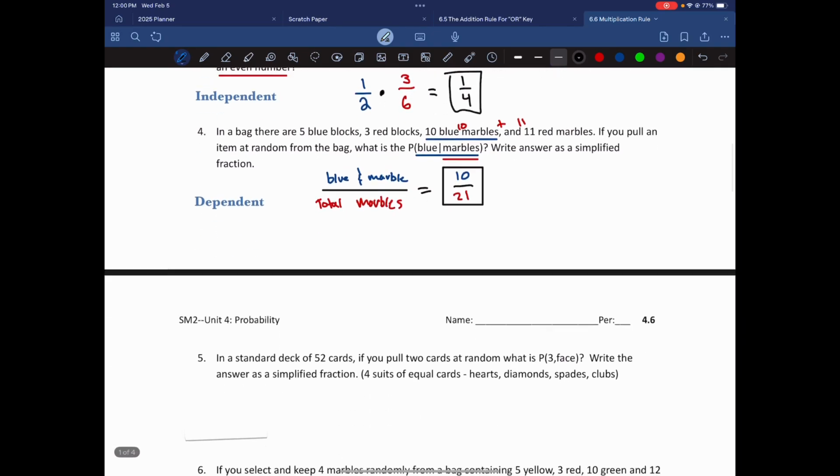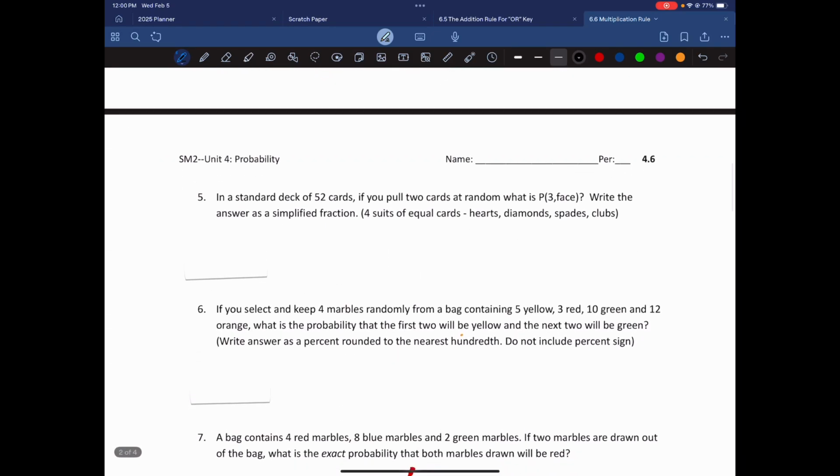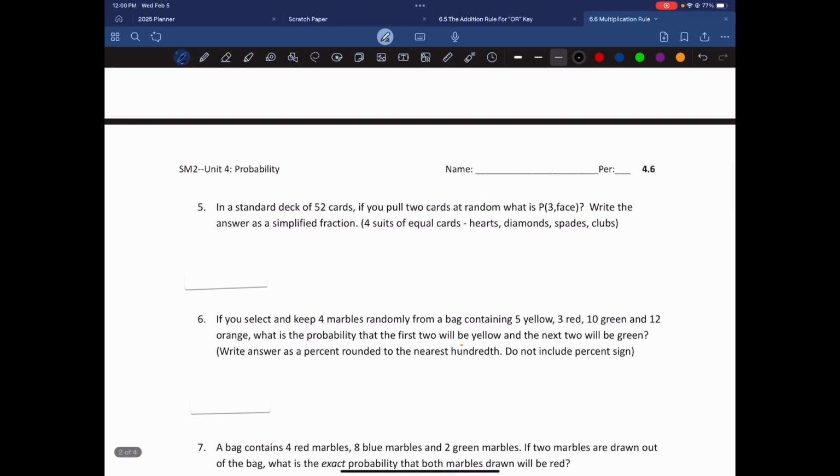Looking at example 5, in a standard deck of 52 cards, if you pull 2 cards at random, what is the probability of pulling a 3 and then pulling a face card? So are we independent or dependent?